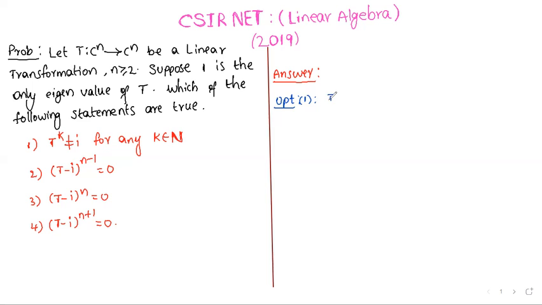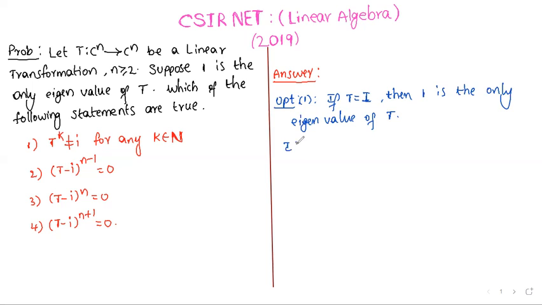If T is equal to the identity, then all the eigenvalues of the identity matrix are 1, so the given condition that 1 is the only eigenvalue of T is satisfied.